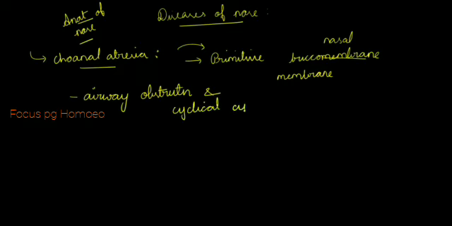Cyanosis is bluish discoloration because of the lack of oxygen and increased amount of carboxyhemoglobin. So here it is cyclical cyanosis, and this we can see mainly in the bilateral atresia, which is life threatening in case of babies. Okay, so these were the symptoms.